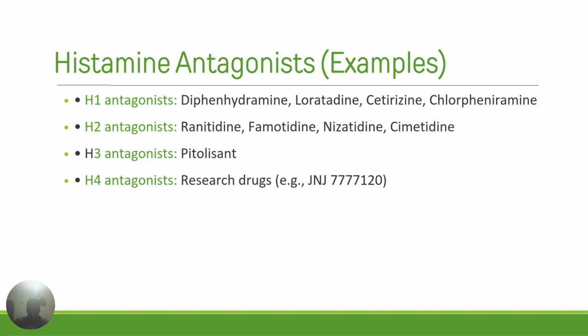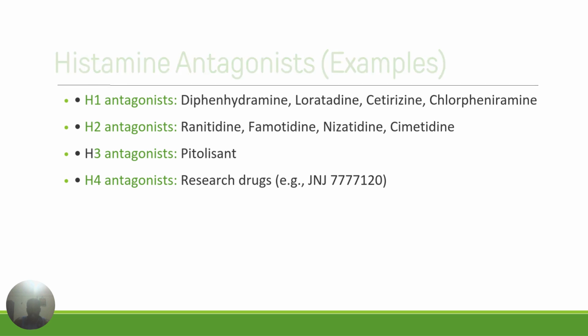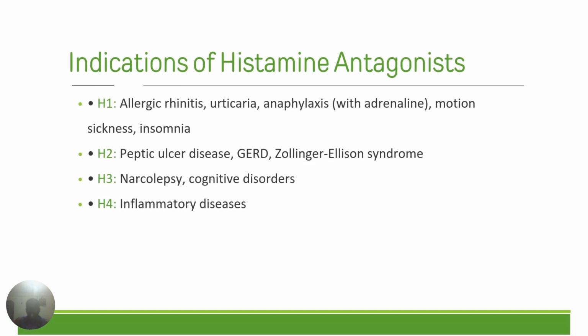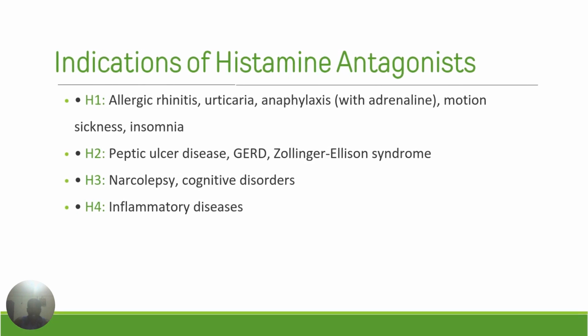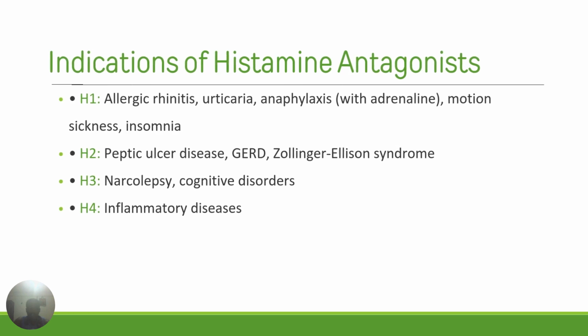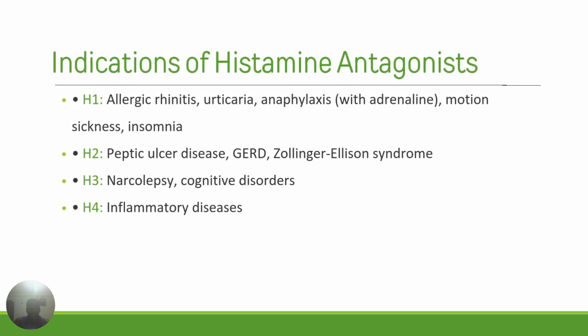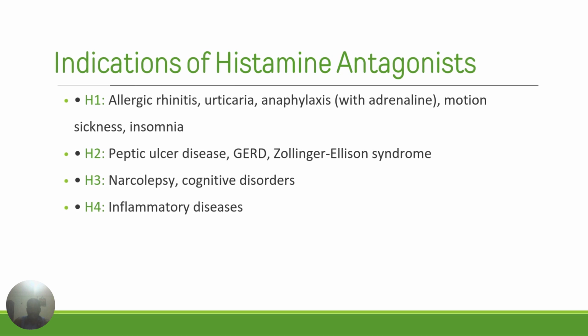For H3 antagonists, we have pitolisant. Then for H4 antagonists, we have the J&J drug, which is currently under research. Indications of the antagonists of the histamine receptors: this is where they are being applied.